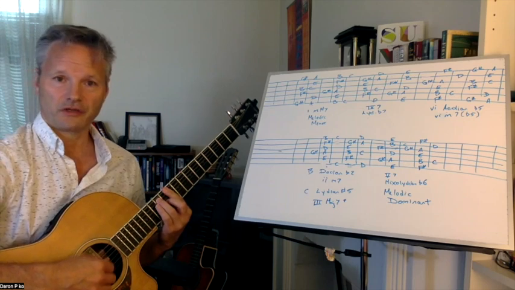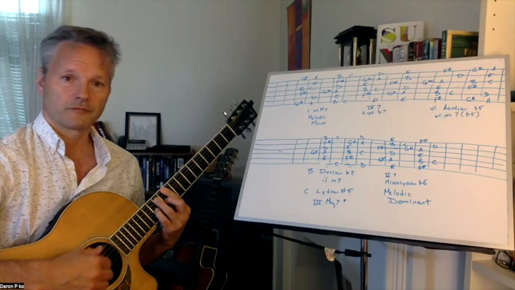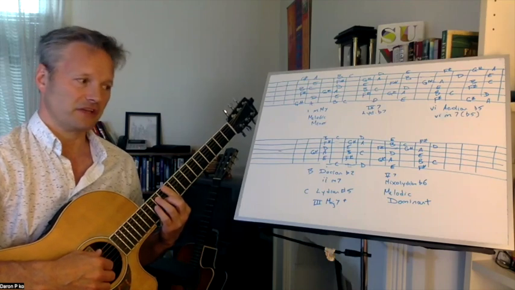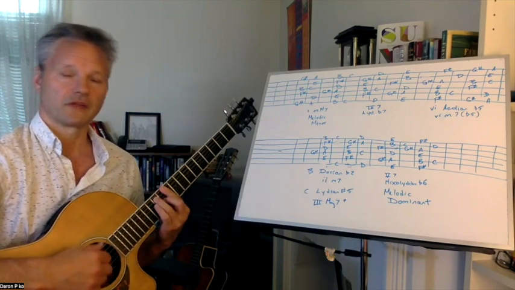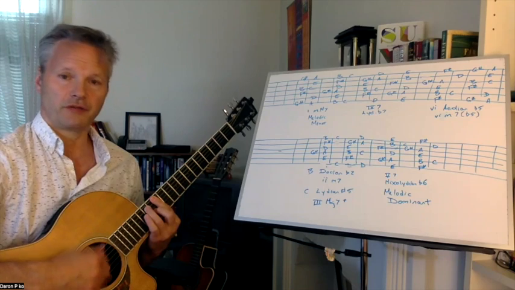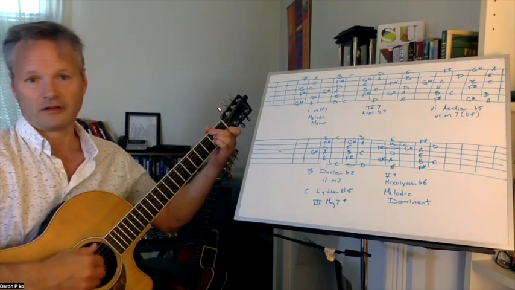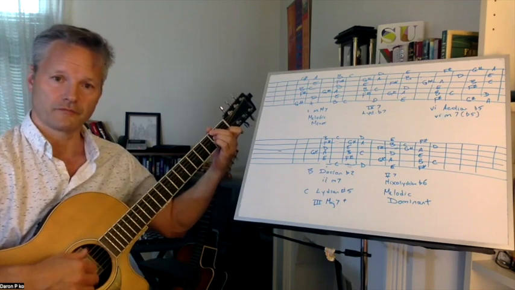The D is a dominant chord, but it could also have a sharp 11. So you might see dominant 7, sharp 11, which would be a time to use your Lydian flat 7. E is dominant, but it could have a flat 13. The F sharp is minor with a flat 5, so a half diminished chord.